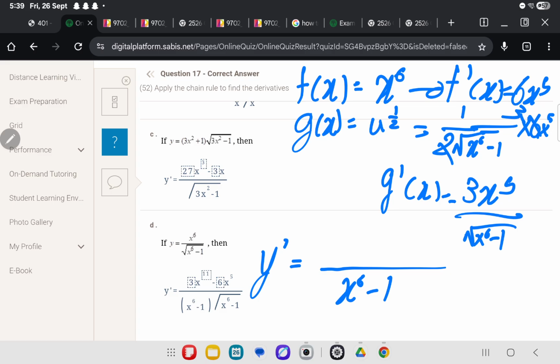So f prime of x is 6x to the power of 5 times g of x, which is radical x to the power of 6 minus 1, okay, minus g prime of x. G prime of x is this, so 3x to the power of 5 over radical x to the power of 6 minus 1.